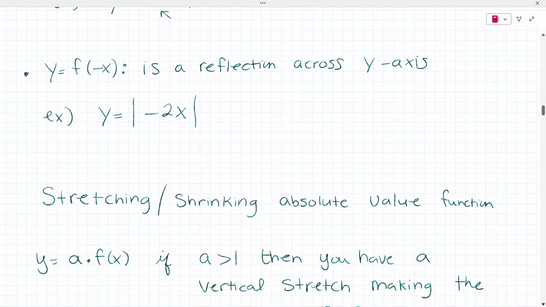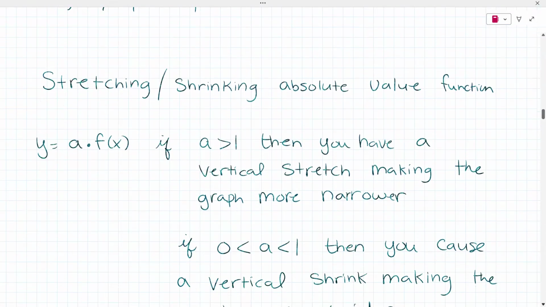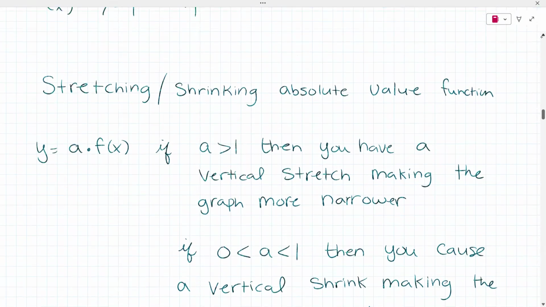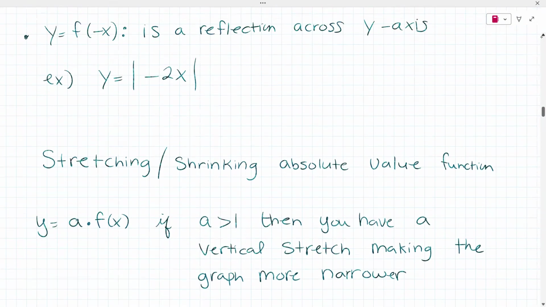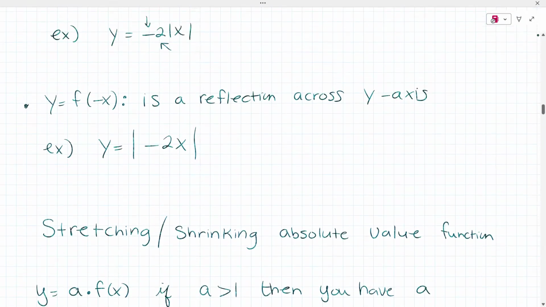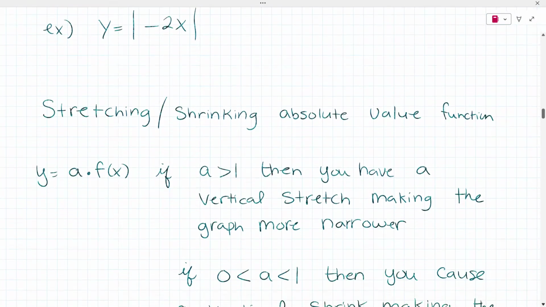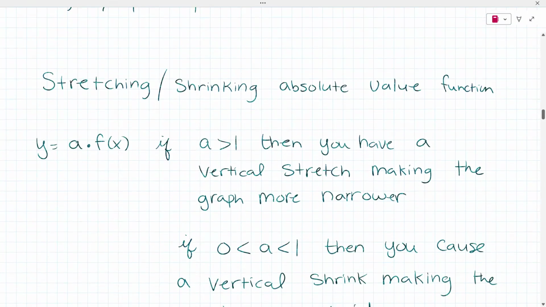What about stretching, shrinking absolute value function? Just like we said, the -2 right here, that minus is a reflection across the x-axis. That 2 is a stretch or shrink, and the rule states if the a value is greater than 1, then you have a vertical stretch, making the graph more narrow.